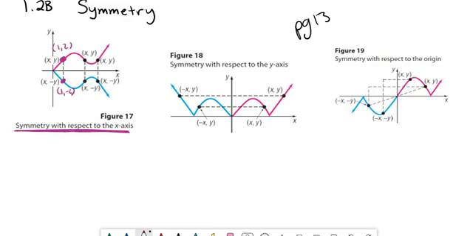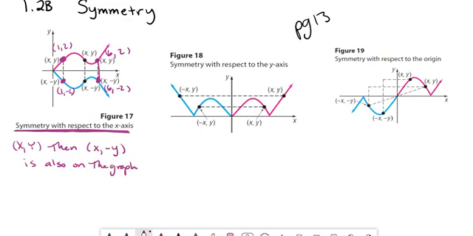Or maybe this point over here, let's call that 6 comma 2, then the point reflected across the x-axis, 6 comma negative 2, is also going to be on the graph. So what we can write down is, symmetry with respect to the x-axis means that if x comma y is on the graph, so basically any point on your graph, then x comma negative y is also on the graph.